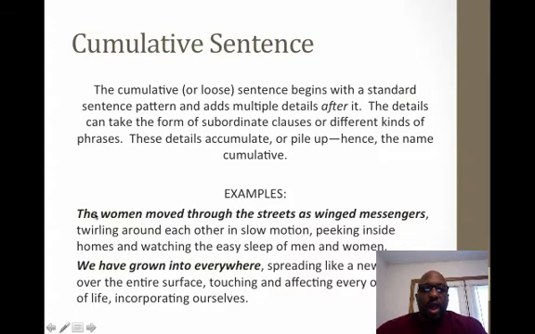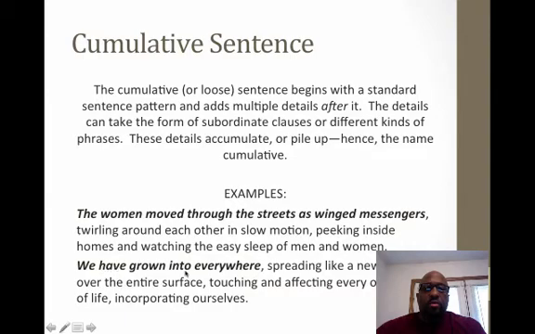So here you have your standard sentence, followed by a comma. Now, all these additions after it, if you notice, are all verbs ending in -ing. This is what makes it a cumulative sentence. We added these subordinate clauses after the standard sentence, which makes it a cumulative sentence.